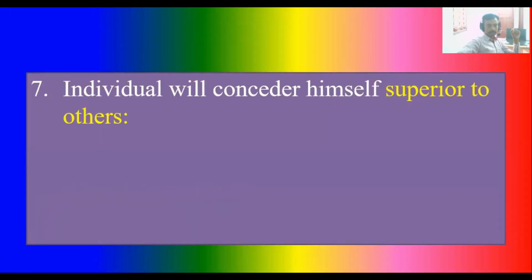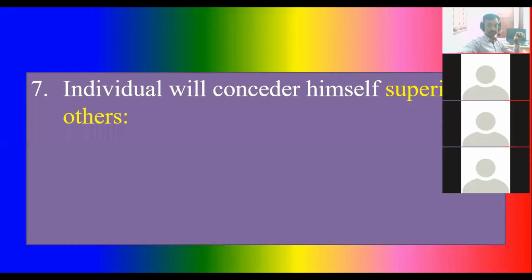Seventh one, an individual will consider himself superior to others, which means no one is behind others, because every individual has specific characters, uniqueness, unique personalities. So everyone becomes superior. No one is behind others.